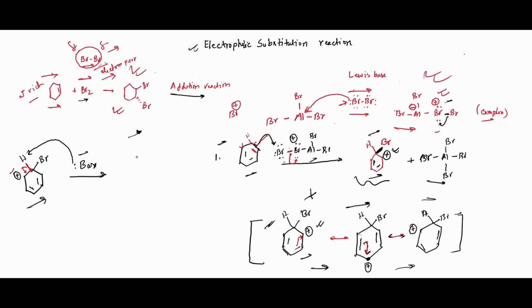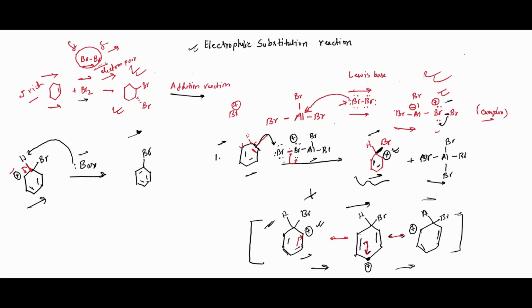So that means ultimately the aromaticity is not destroyed. So then you can see here we have our reformed benzene ring, and we already lost the H, and we'll have a product, bromobenzene.